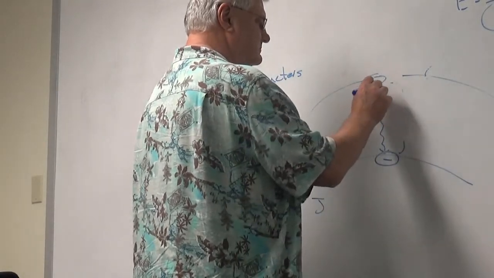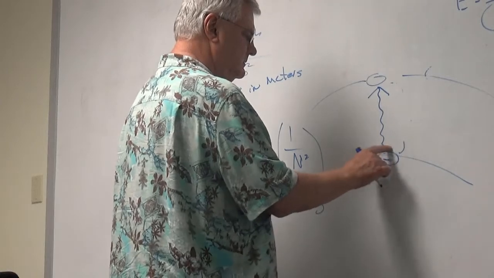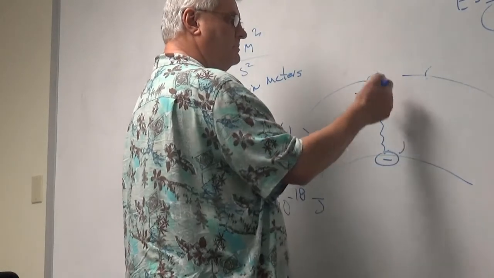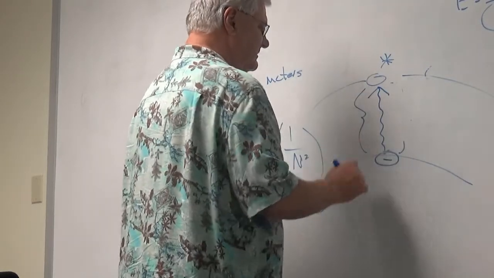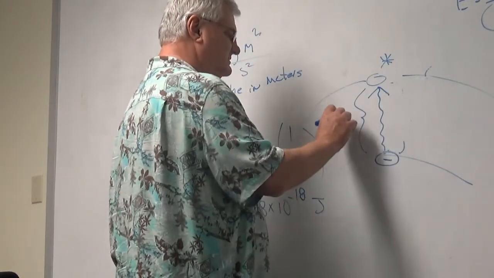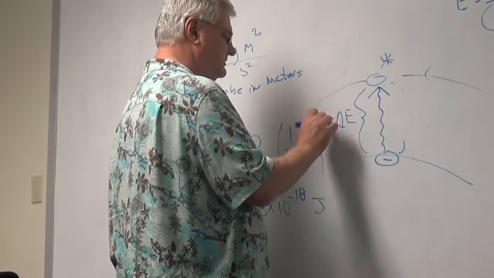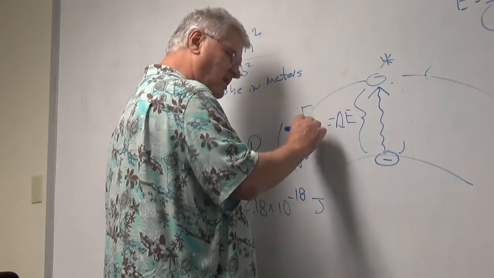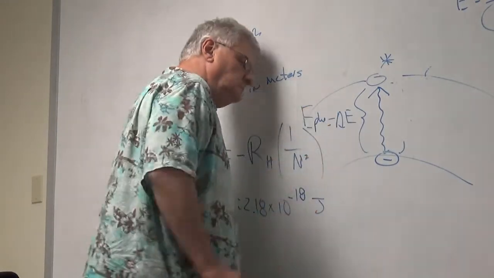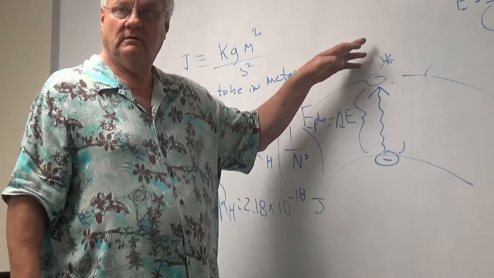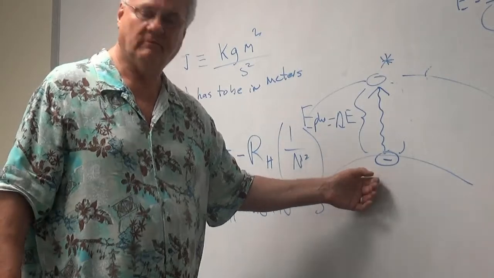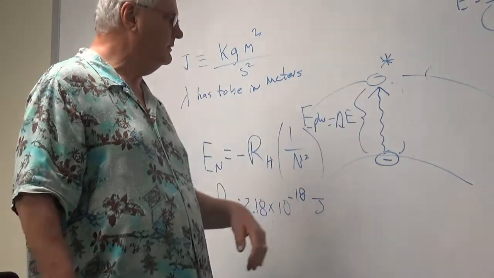Let's say an electron absorbs a photon and goes to a higher energy level. Again, this change in energy is exactly equal to the energy of the photon that caused it. Okay? This is absorbance of the photon when the electron goes from a lower energy orbital to a higher one.